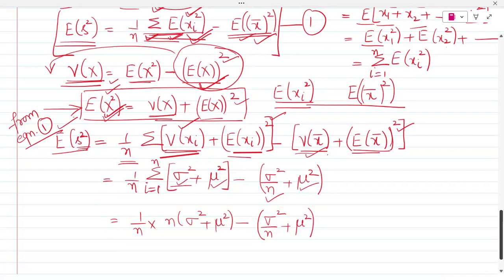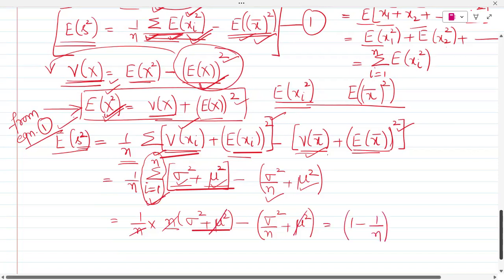This sigma square and mu square are constants. Population variance and mean are always constant. So you are adding a constant here. Summation means adding. How many times? N times. You are adding a constant n times, so that's why it is n times the constant, and the remaining is as it is. And this cancels now. Even this mu square cancels. And now 1 minus 1 by n sigma.